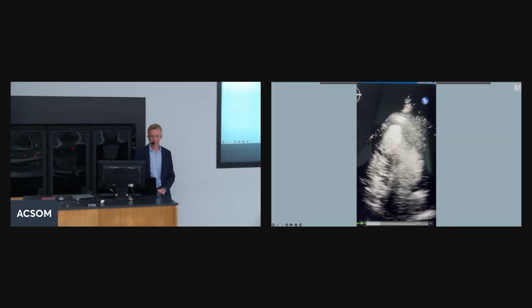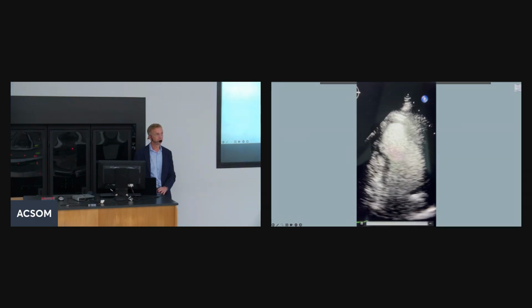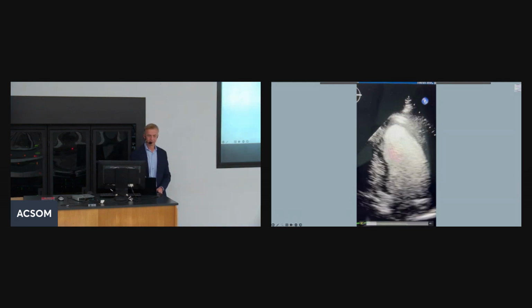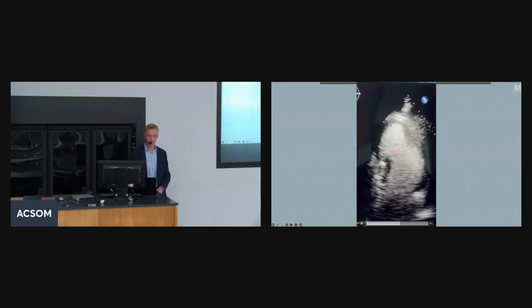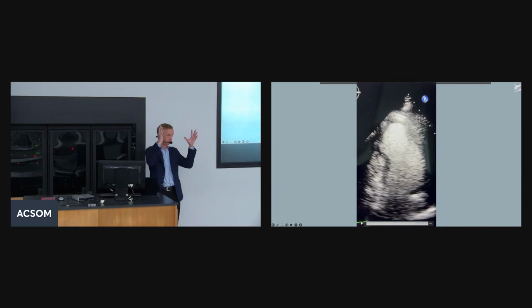But what about here, which is the apex? You see that there is no squeezing, right? Do you see it? This part of the heart, the apex, you don't see any movement. Normally all the walls should go in in systole, but you don't see any movement here.